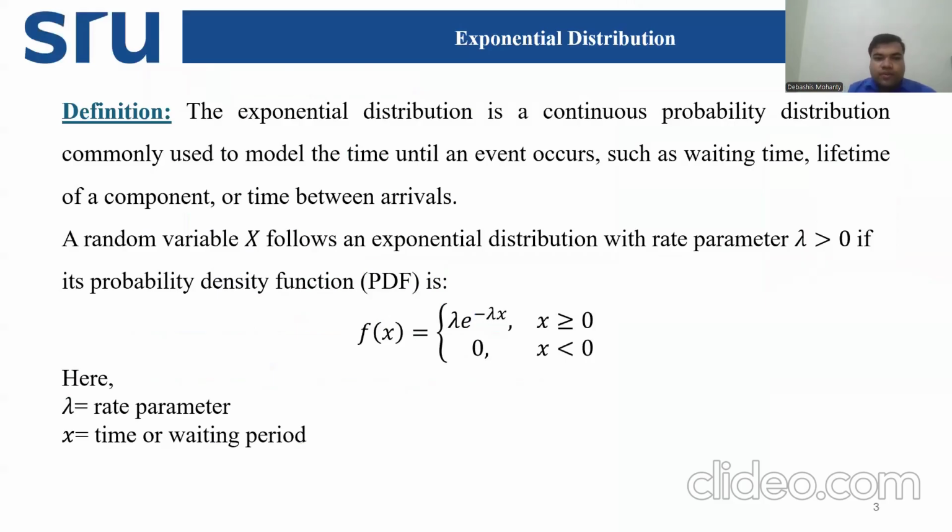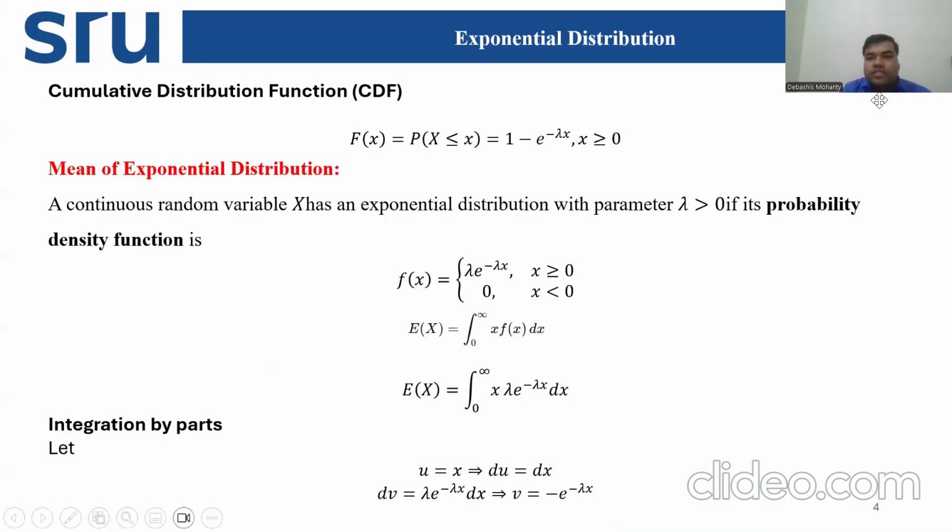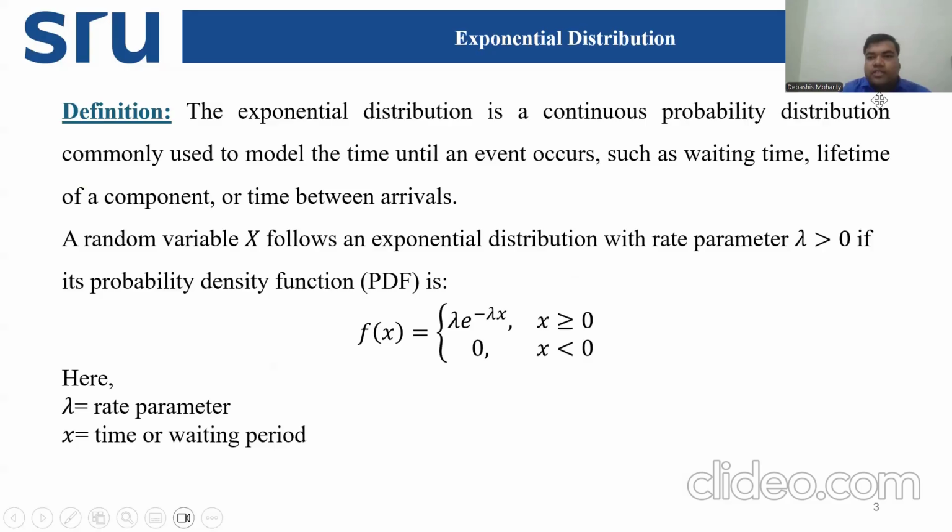Okay. So this is the definition, students. This definition tells us about the exponential distribution. The exponential distribution is a continuous probability distribution commonly used to model the time until an event occurs. So generally it calculates the time period, the waiting time period.